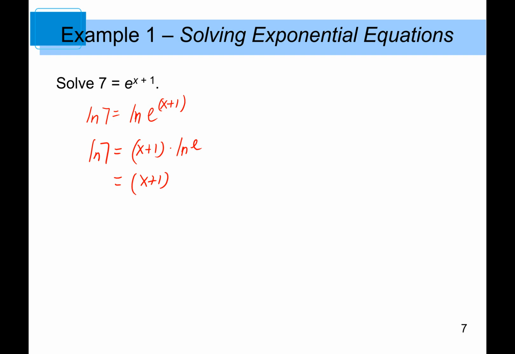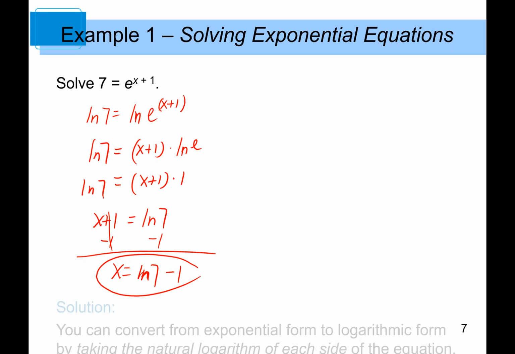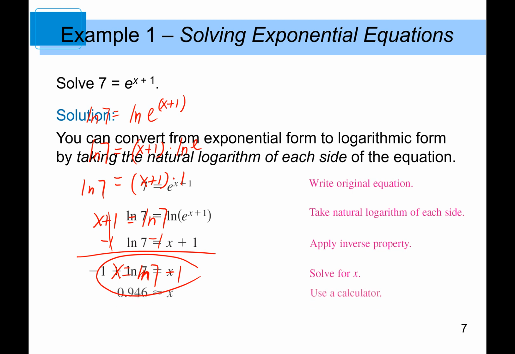Now simplify the equation, and you get x plus 1 equal to ln of 7. Then isolate x by subtracting 1 from both sides of the equation. So x equal to ln of 7 minus 1, and that's the solution. Solve for x. Okay.